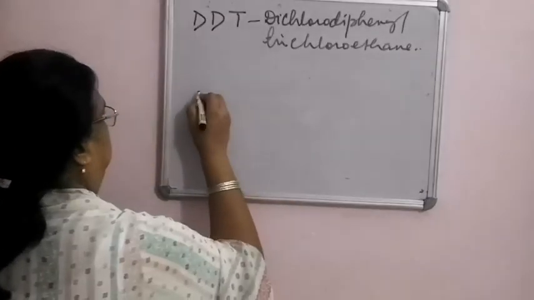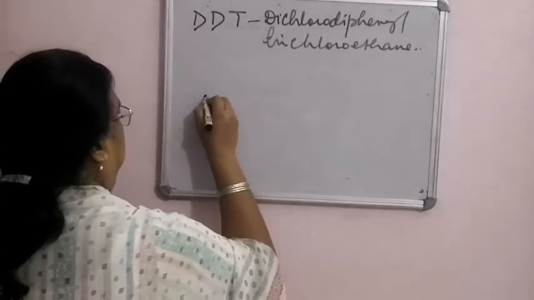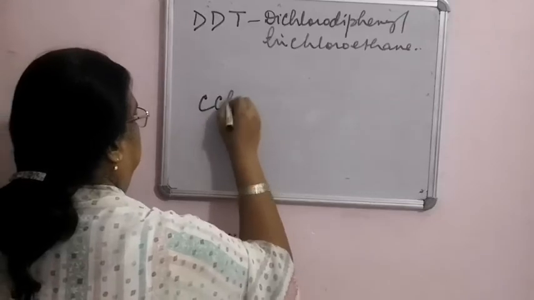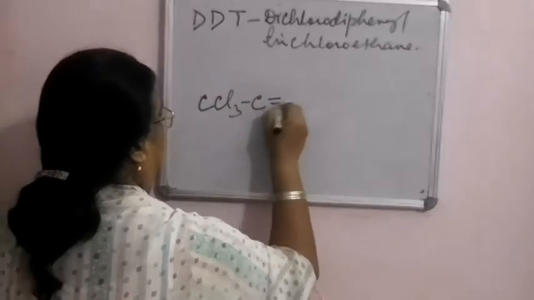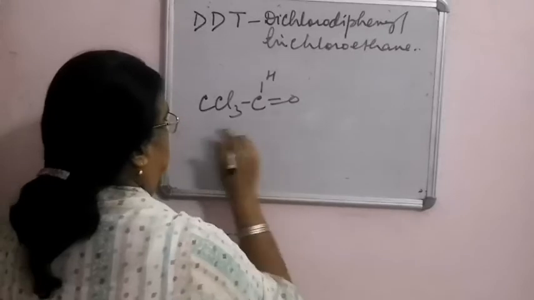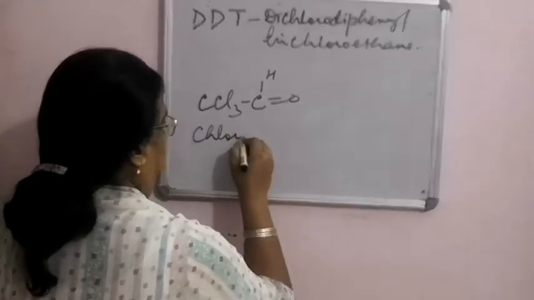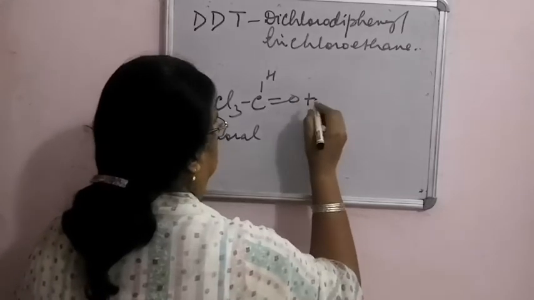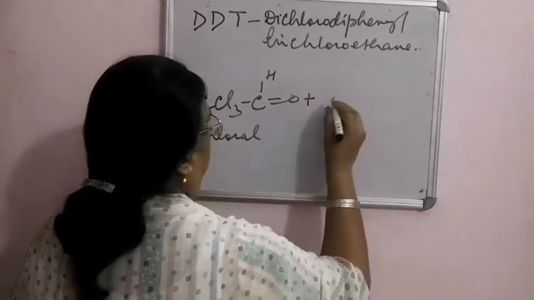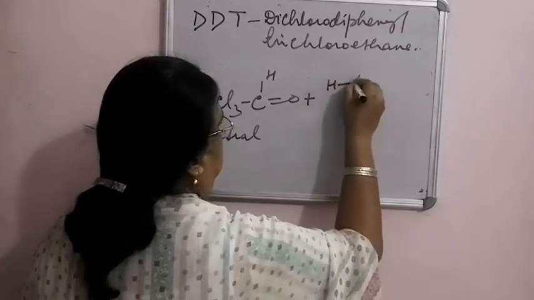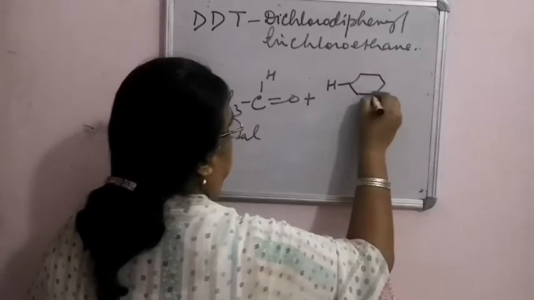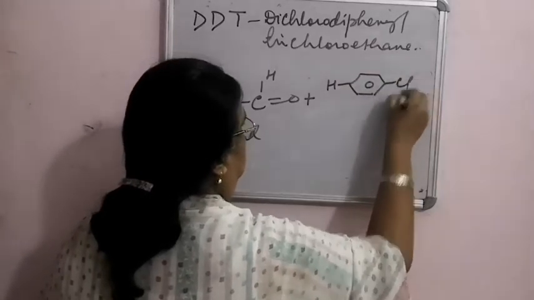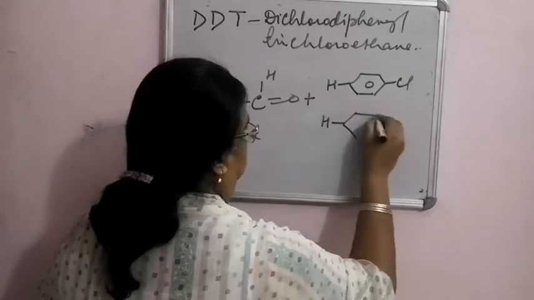So actually preparation you have not to do, but if you don't do the preparation, it will be difficult for you to understand this. Like this is chloral. In preparation of chloroform you have done this. Chloral combines with chlorobenzene. So this is your chlorobenzene, 2 molecules of chlorobenzene.